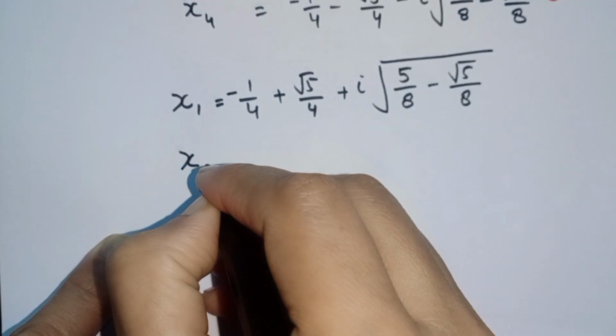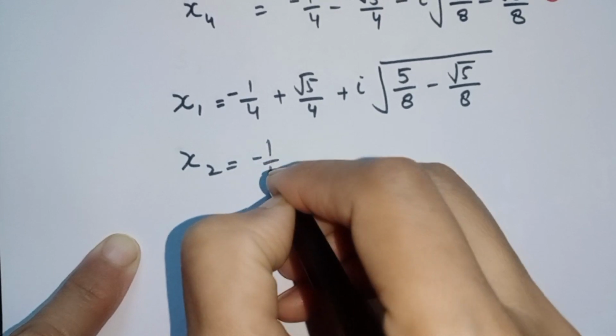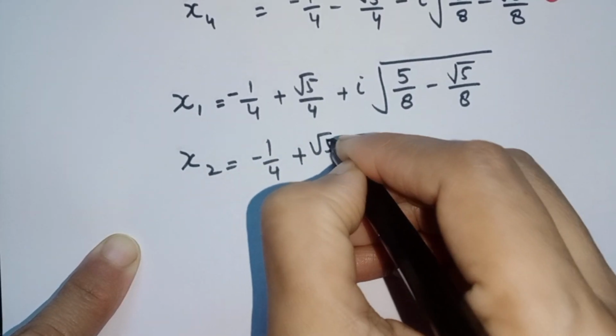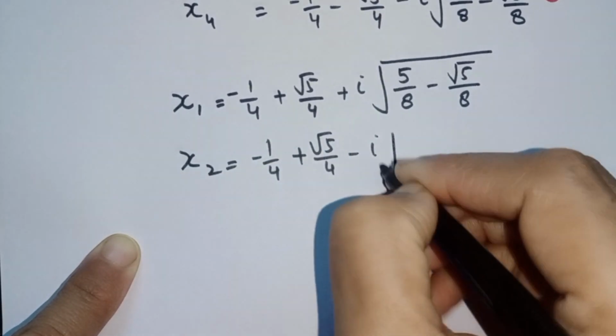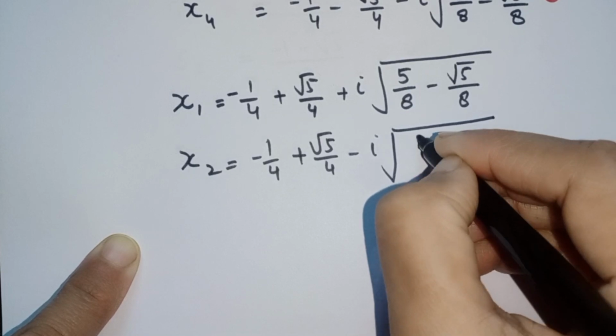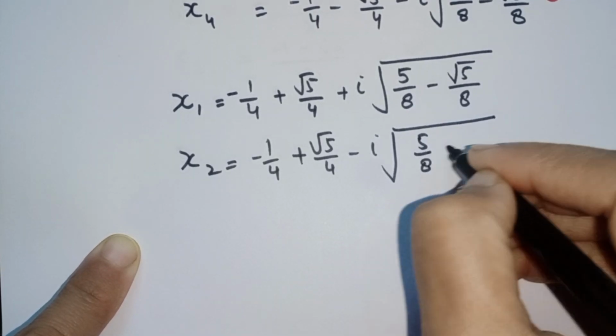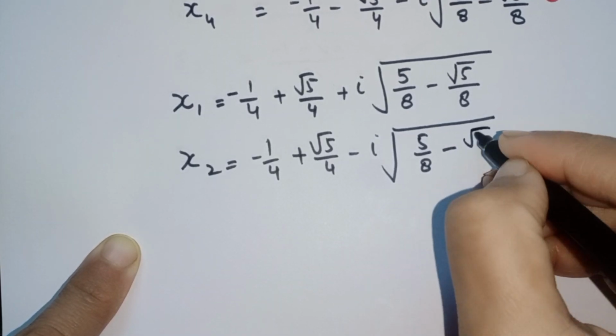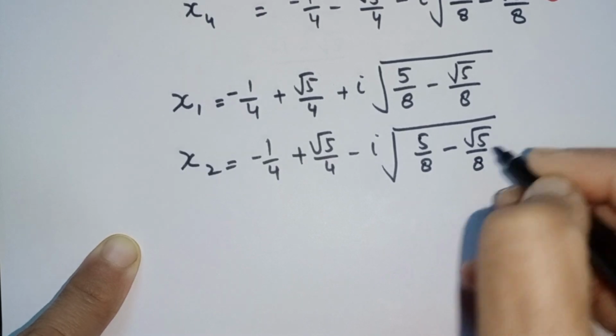There is only the difference of the sign. Here x2 was minus 1 over 4 plus square root 5 over 4 minus i. I'm writing these all together so that it becomes easy for you to check and understand.